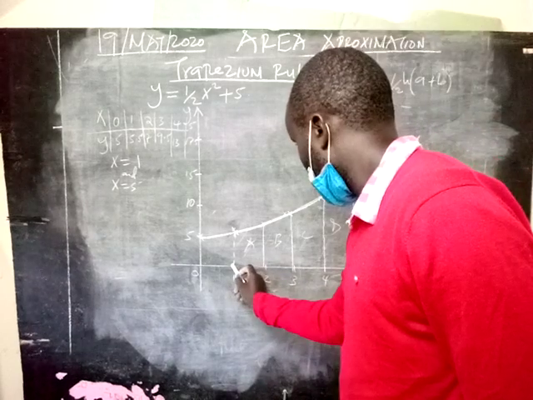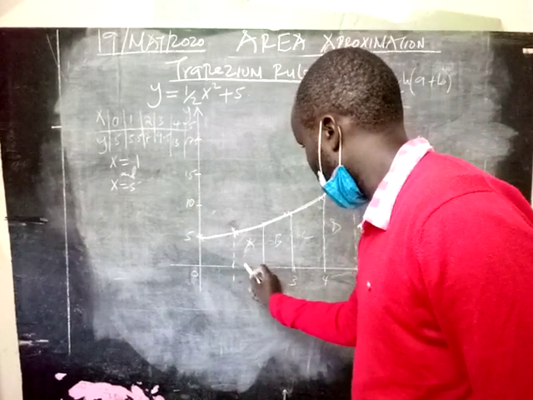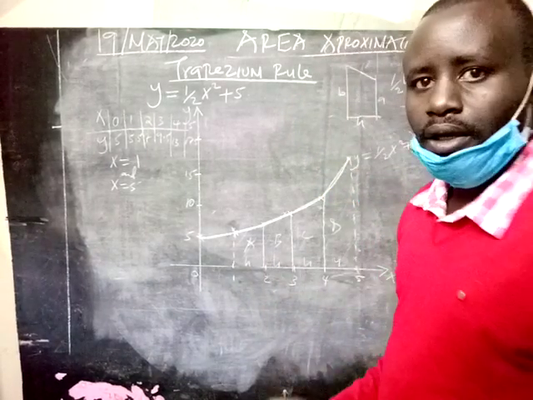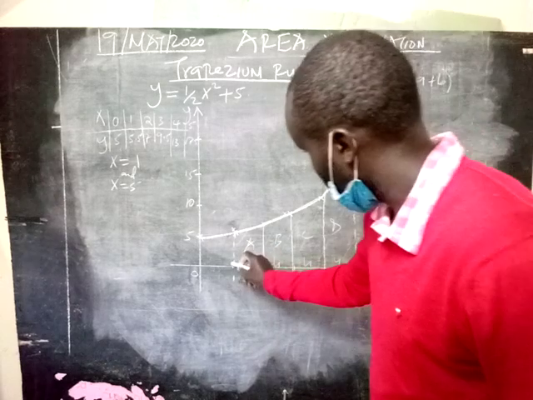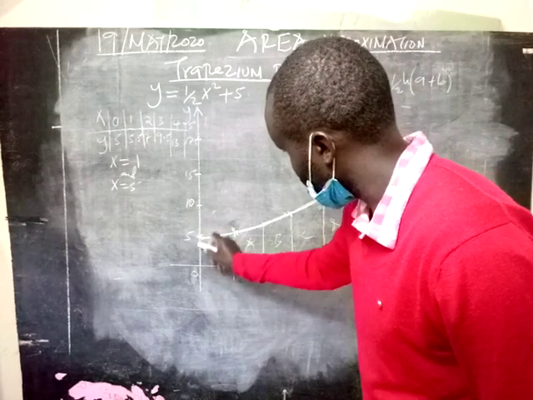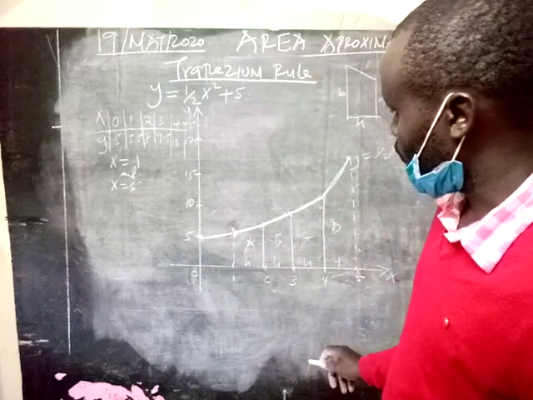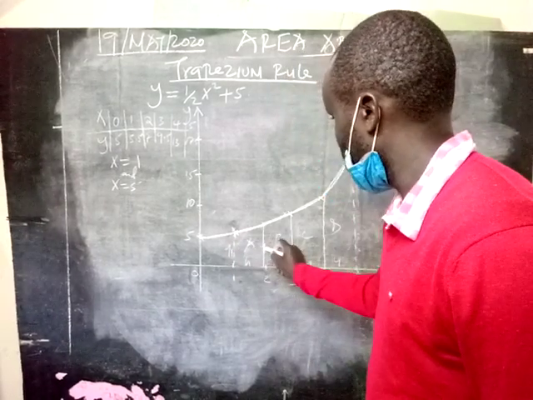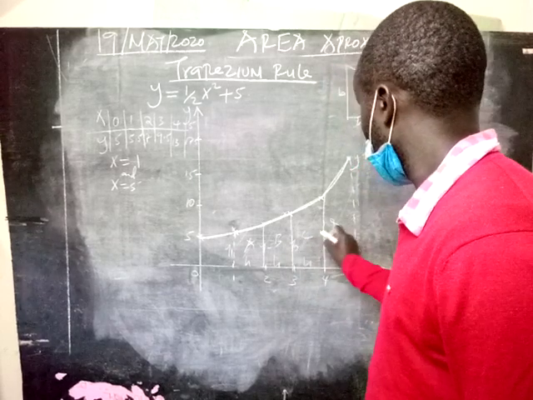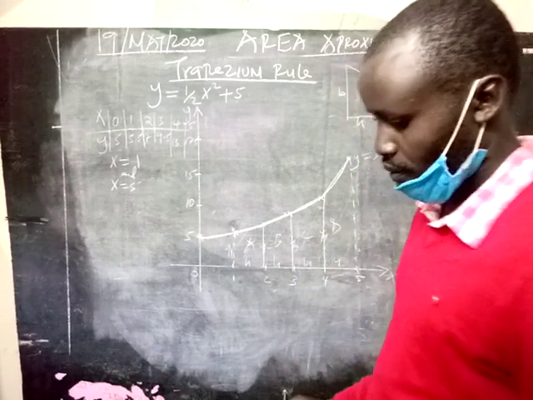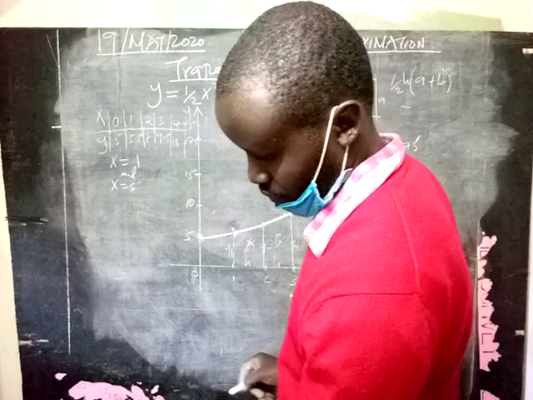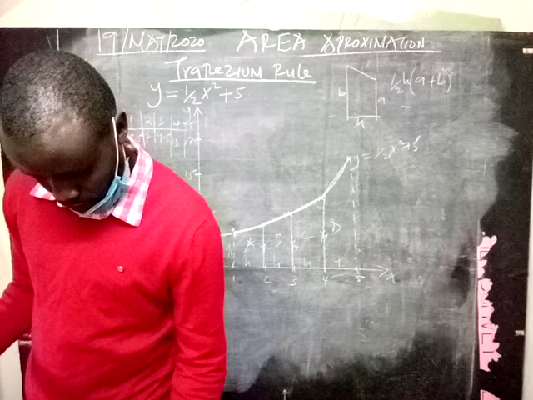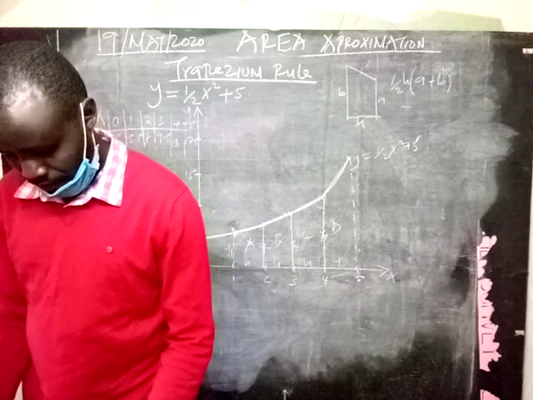Here from 1 to 2, here we have the height, and the heights we have from 0 to 5 are known as y1, y2, y3, y4.